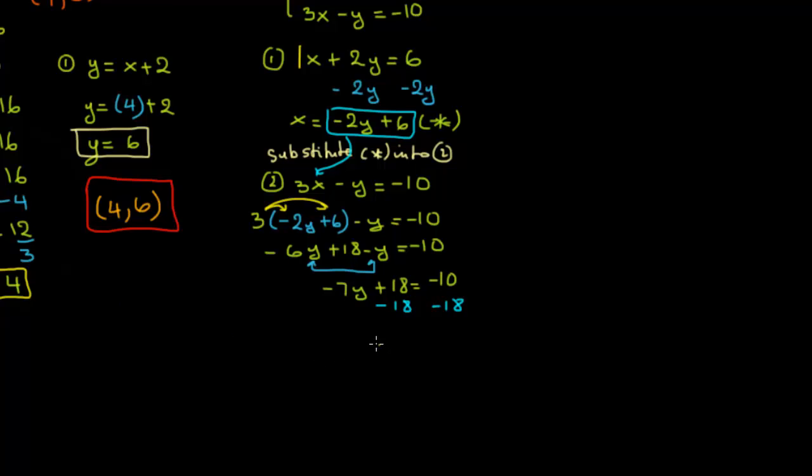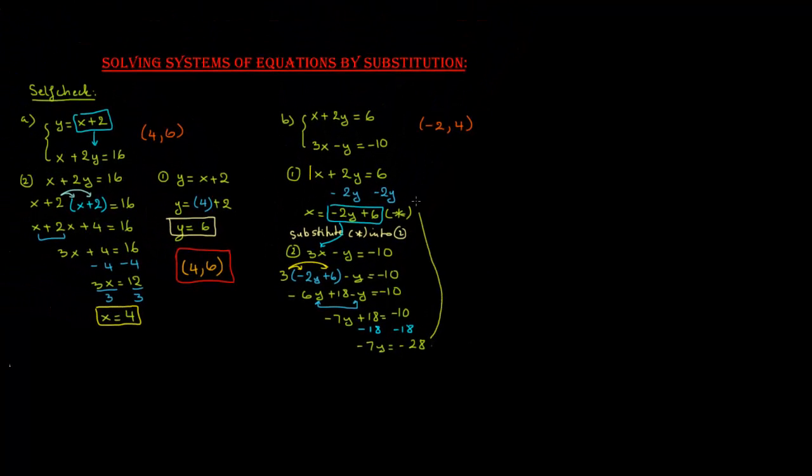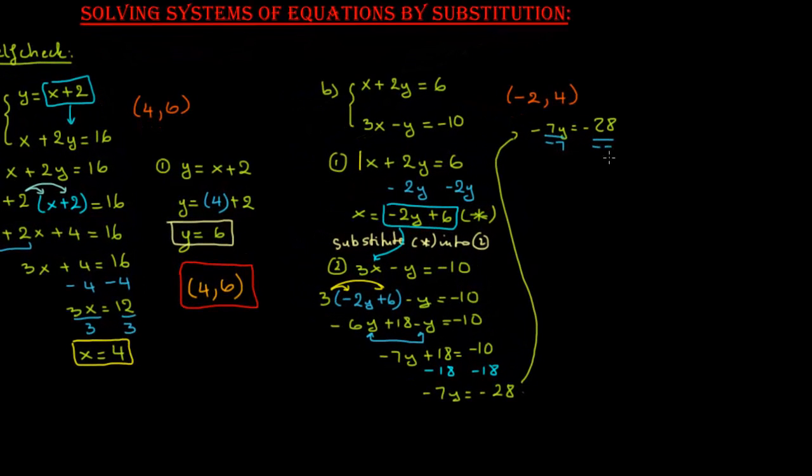Then -7y equals -28. We're going to divide by -7 on both sides. So y will be equal to 4, and that's my first unknown.